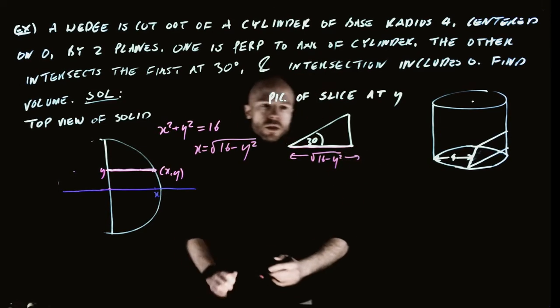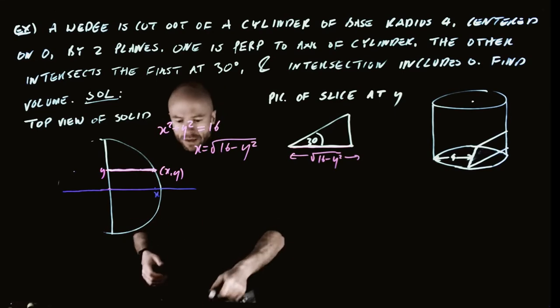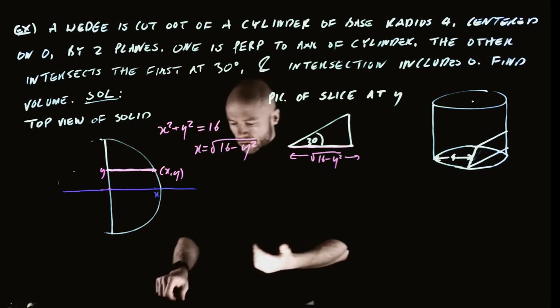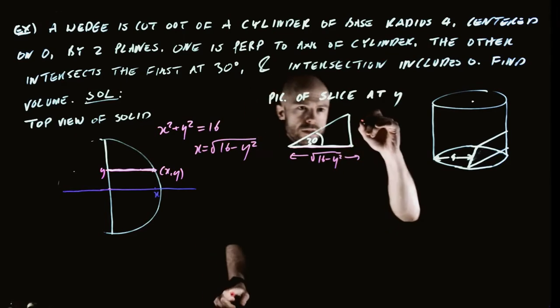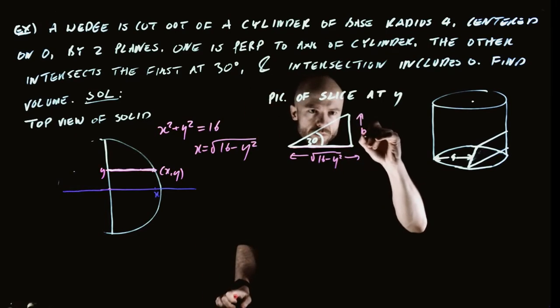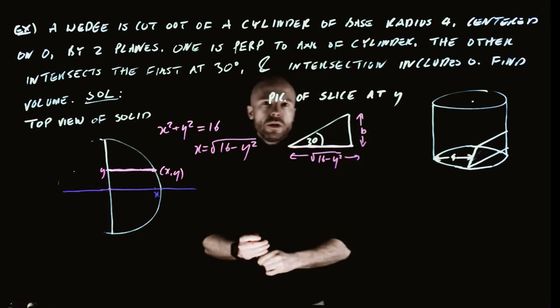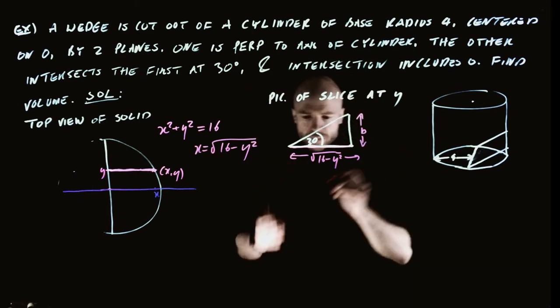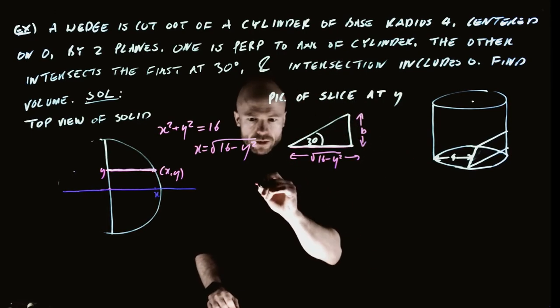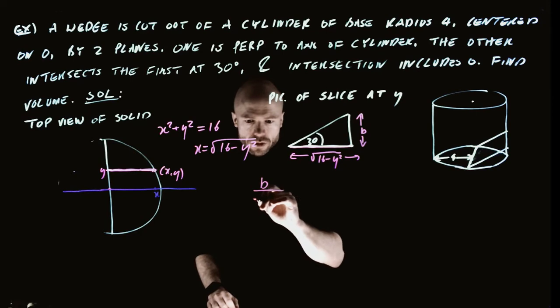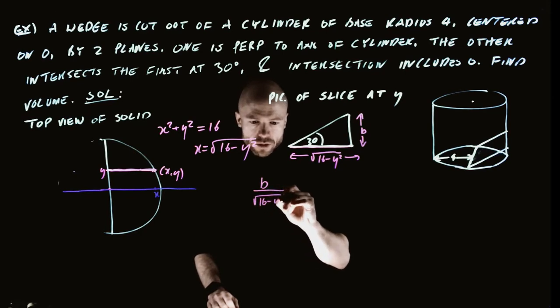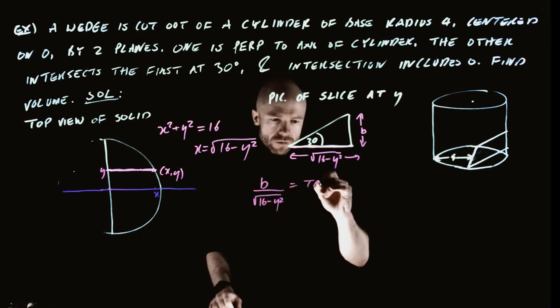Now we're in good shape, because then it's trigonometry. We want to find this length here, b. By trigonometry, b over the square root of 16 minus y squared equals tan 30.